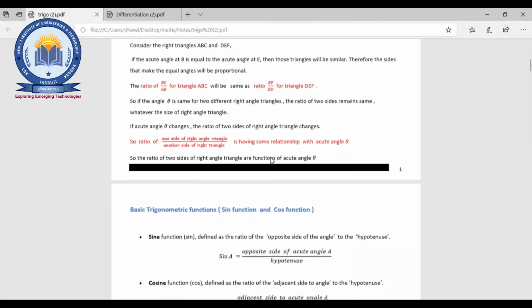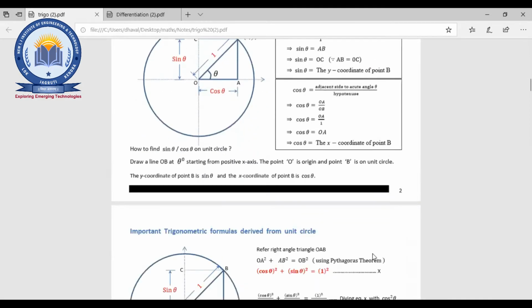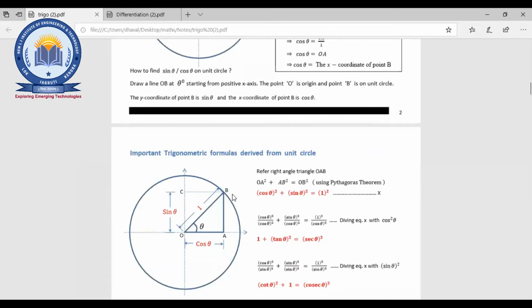Then we have seen how to find the value of sine pi by 2 plus theta or sine pi by 2 minus theta, in all of the quadrants: in which quadrant sine is positive, in which quadrant tan is positive, in which quadrant cos is positive, and in the first quadrant all the values of sine, cos and others are positive.